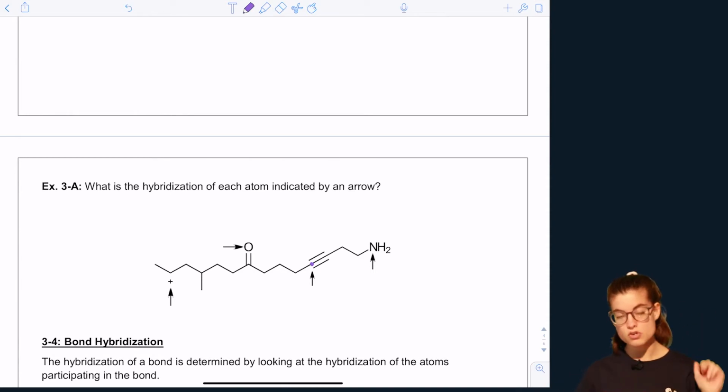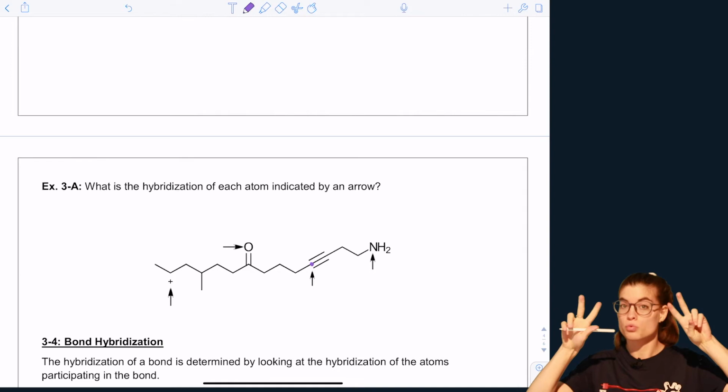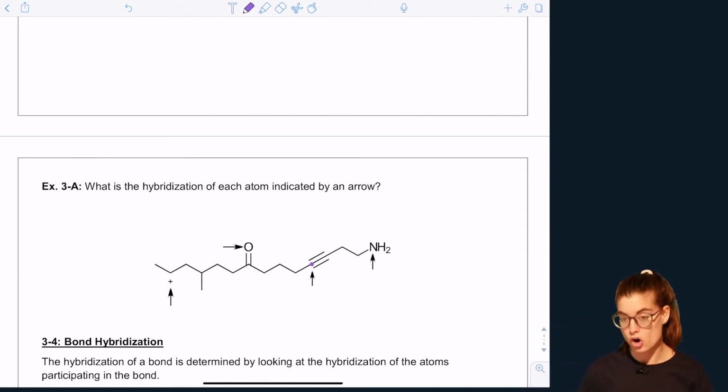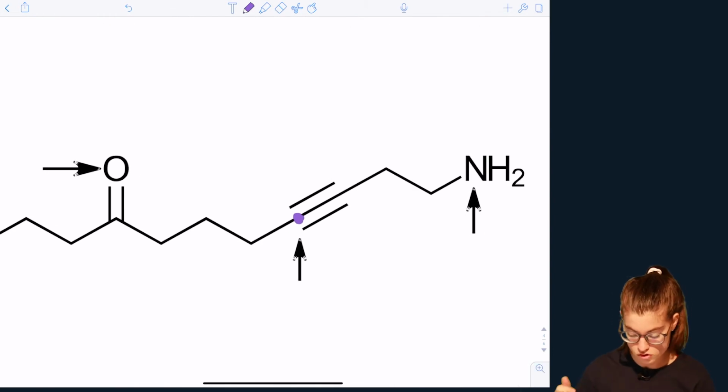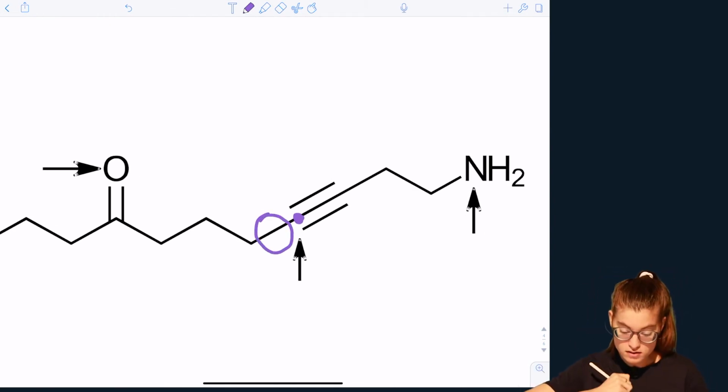So the first thing you do is you count how many electron groups that carbon has. So let's zoom in here. We've zoomed in. So this carbon has a single bond, and on the other side it has a triple bond.